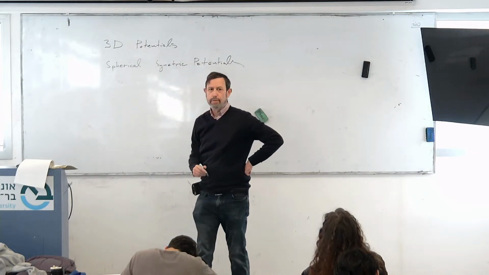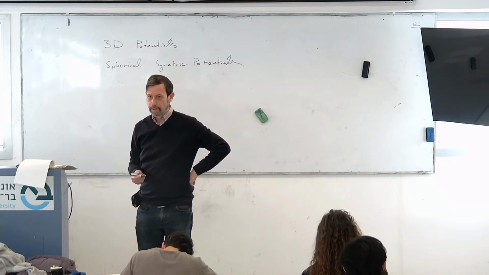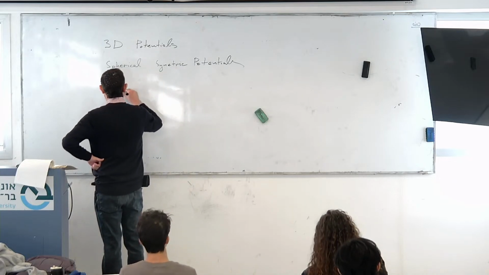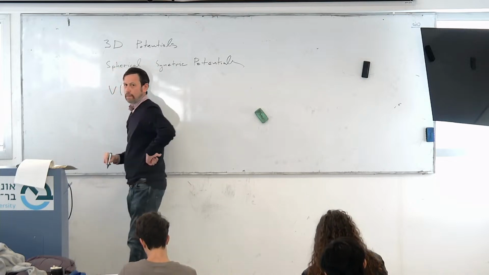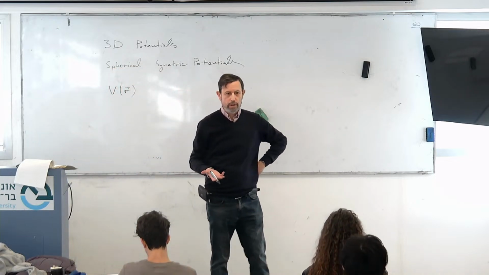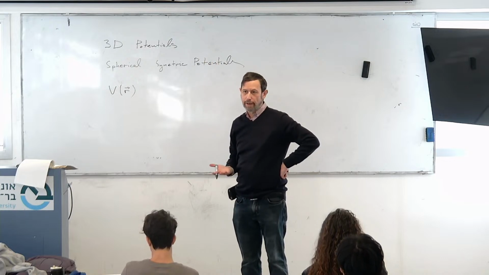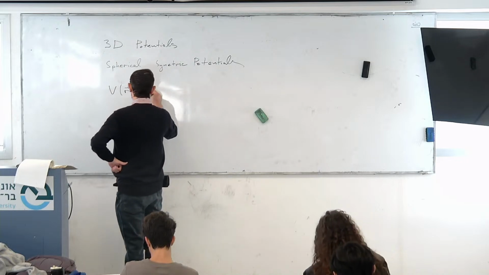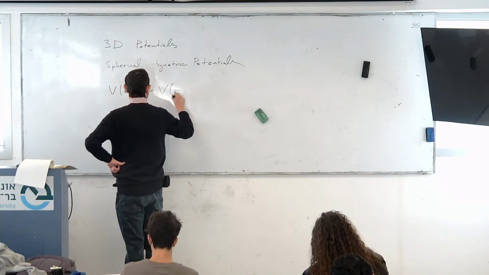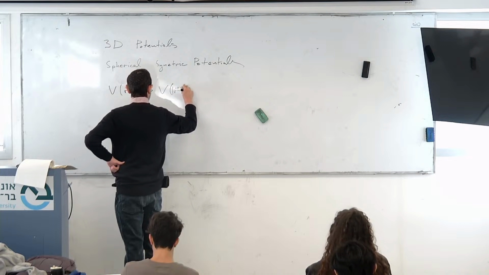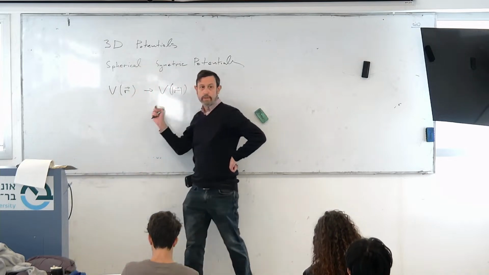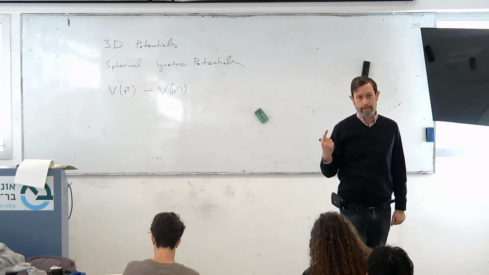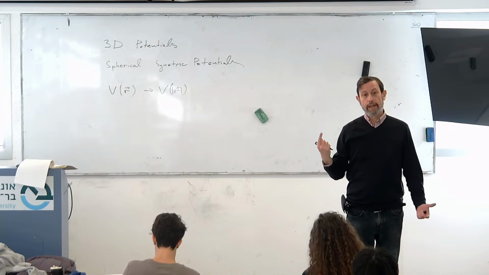So we are looking at spherically symmetric potentials. What does it mean? This is a general potential, which depends on vector R. And we are considering only the case where it depends on the magnitude of R, not on the angles.